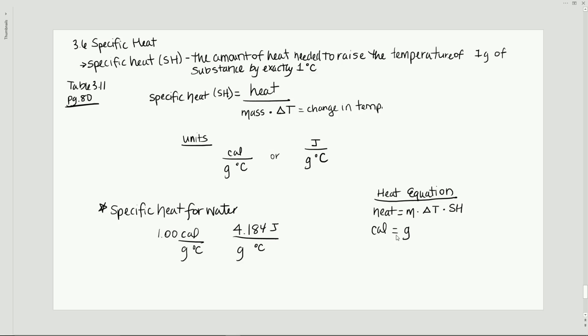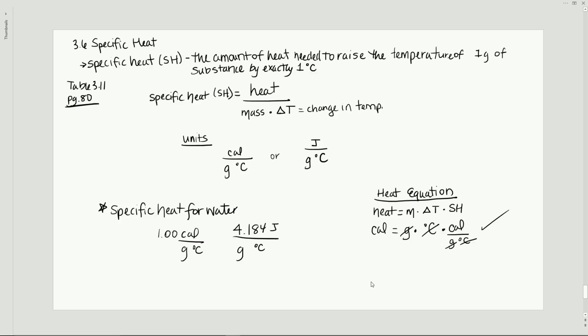Mass is grams, temperature is degrees C, so these little dots in between just mean times, and then you would use the specific heat in calories per gram degrees Celsius. Okay, so if we look at our units, we have grams and degrees C multiplied in our numerator, so these cancel because we have both units in our denominator. So we are left with calories. So calories equals calories. So check. That's how our units work out.